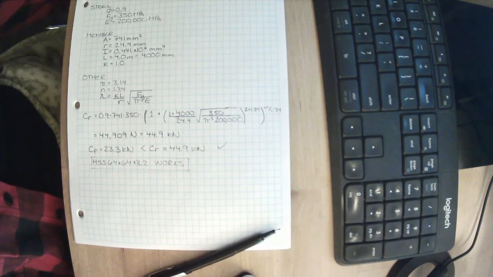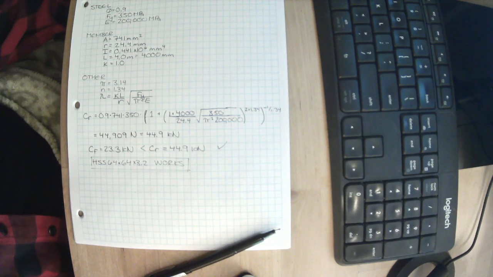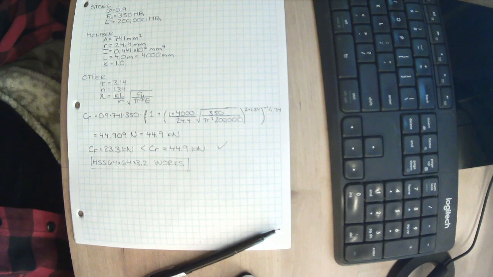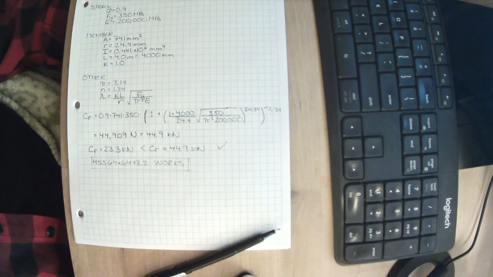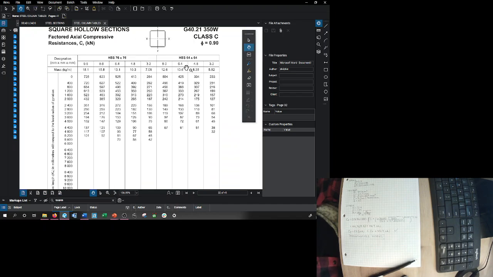Let's check and see how it compares with the tables that we would have looked it up in. Let me just open up our steel column tables and we can take a look at that. I'll make my screen smaller here. So let's come over to the steel column tables. So we have an HSS 64 by 64 by 3.2. Look at this.